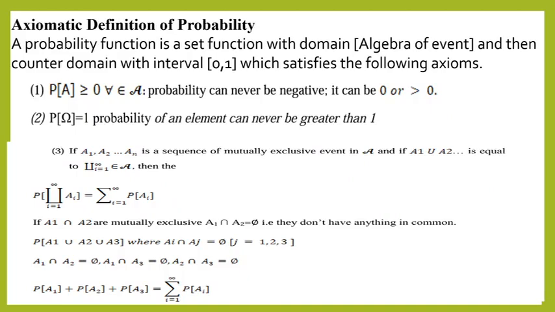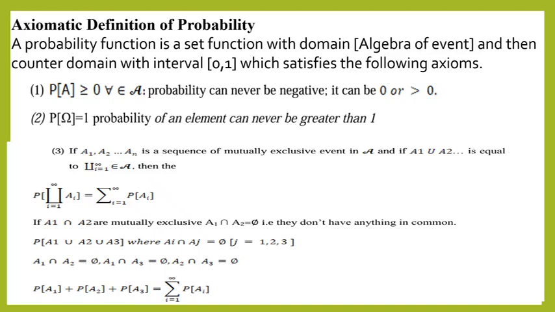Axiom 3 is additivity for disjoint events. If A1, A2, A3 up to AN is a sequence of mutually exclusive events in the algebra, and the union of the Ai, with i ranging from 1 to infinity, is contained in the algebra, then the probability of the union of Ai must be equal to the summation of the probabilities of Ai.